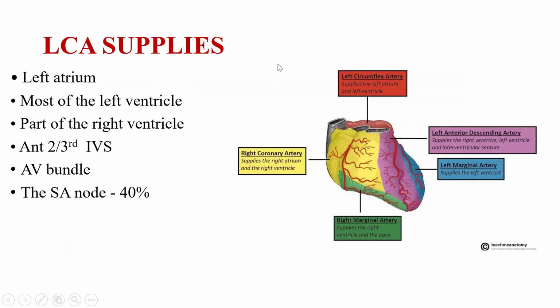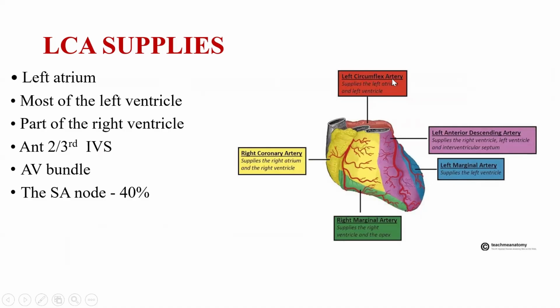So the area of supply of the left ventricle is in this purple color by the left anterior descending artery and blue by the left marginal artery, and the left circumflex artery posteriorly supplies the posterior aspect, that is the left atrium.